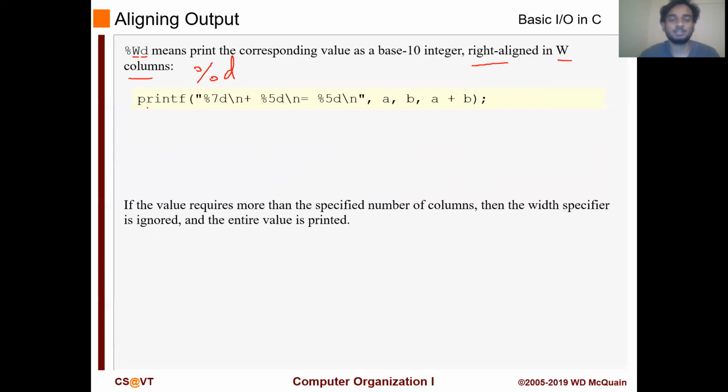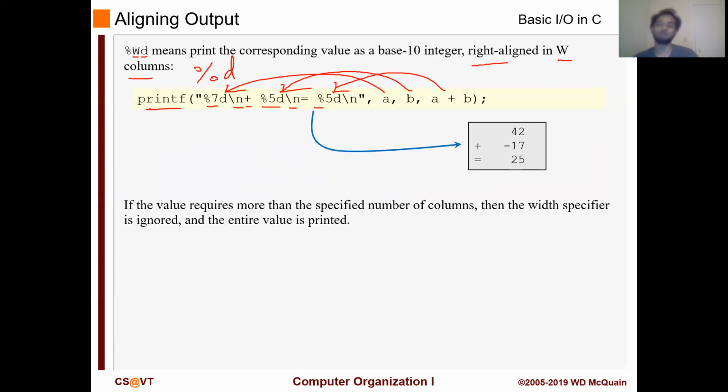So for example, if you write printf %7d new line plus %d new line equals %5d, then you know that it's going to replace this one, this one, and this one, but unlike before, they are going to be perfectly aligned.